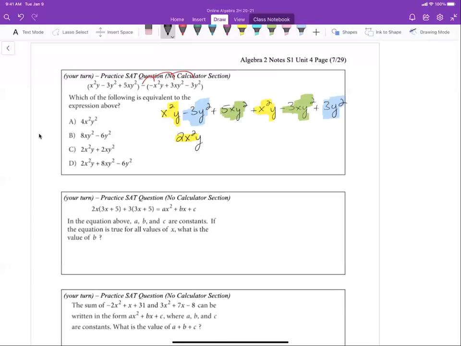I have a -3, so I'm going to say 5 minus 3 will give me 2xy squared. And I have what seems to be the problem here. I've already combined those. So that is the answer, actually. And there it is, 2x squared y plus 2xy squared. Okay, moving on.